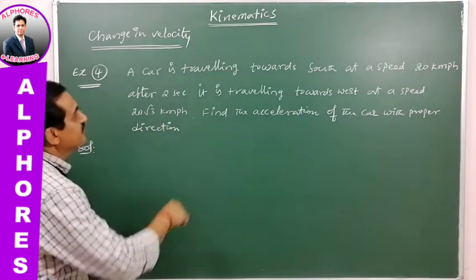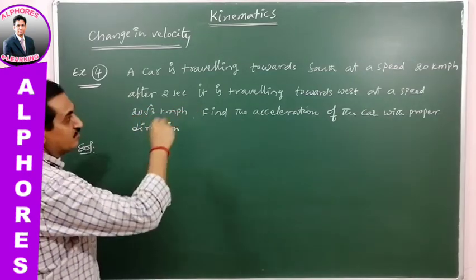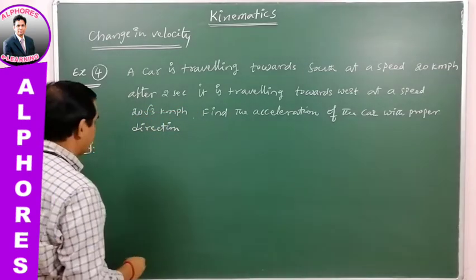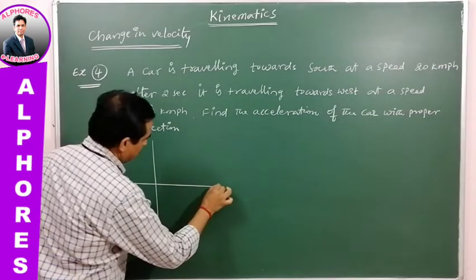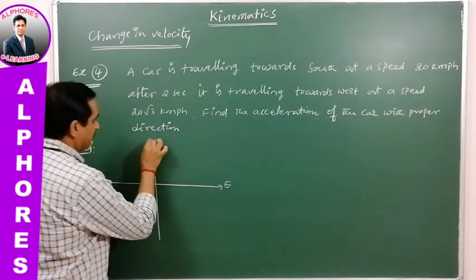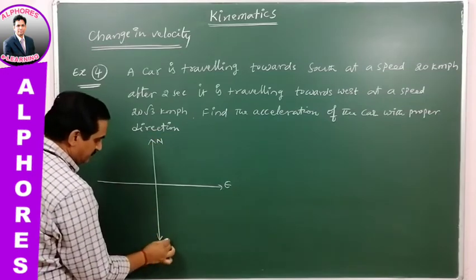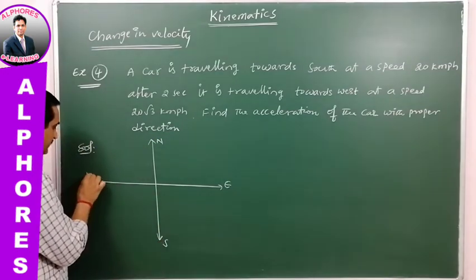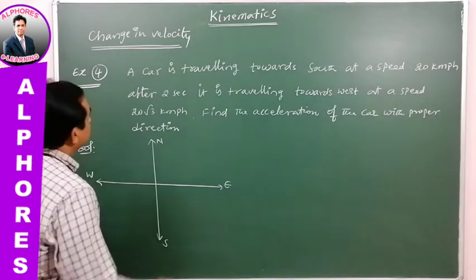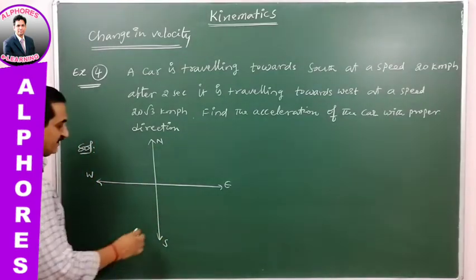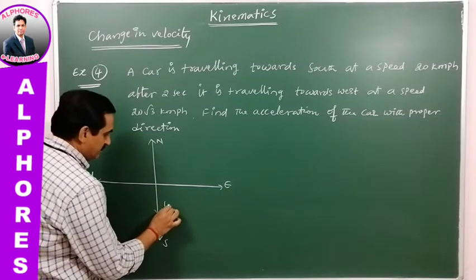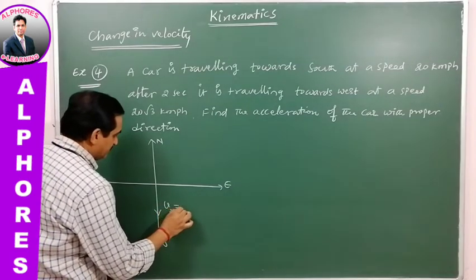The car is moving towards south at a speed of 20 km per hour. This is east, north, south, west. In the beginning the car is traveling towards south at 20 km per hour, the initial velocity.